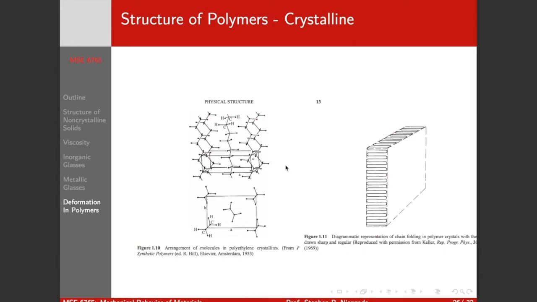Okay, and to wrap it up, we want to talk about deformation of semi-crystalline polymers. So remember, back when we talked about viscoelasticity, we talked about the structure of polymers, and we said we can get semi-crystalline by arranging the chains in this way.